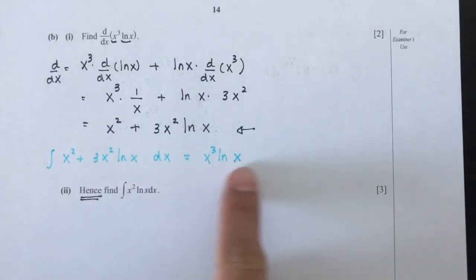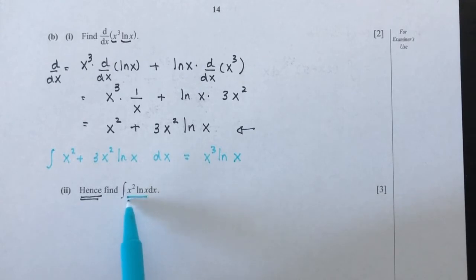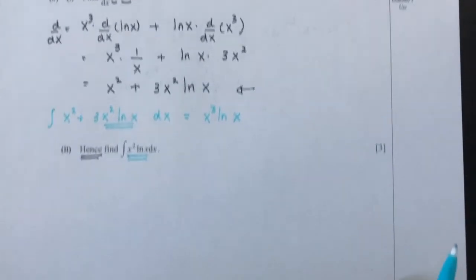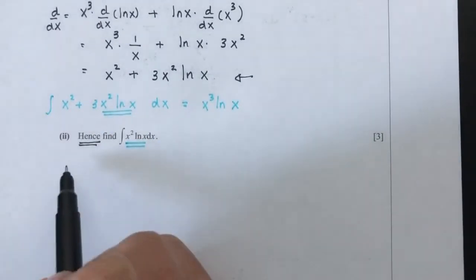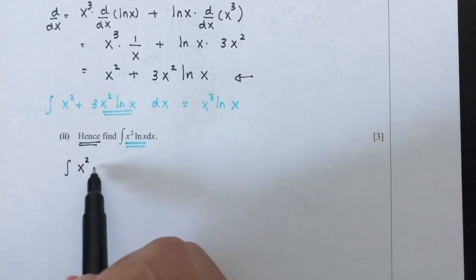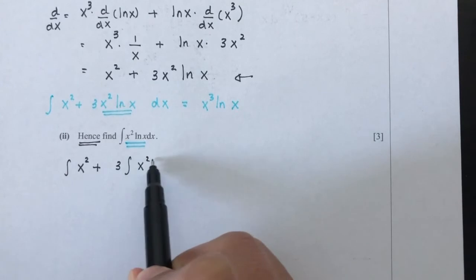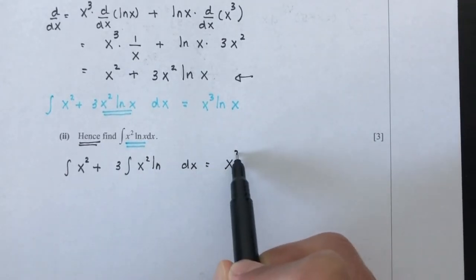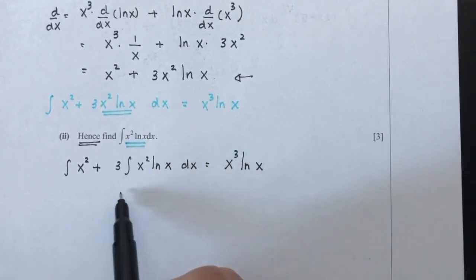So how can we use this to find this? You observe that here we have something, this, and here we also have the same thing. So we have to make it become the subject of formula. So let's first break this down. You will have this plus 3x squared dx is equal to x cubed ln of x. So let's make this become the subject. You will have 3.